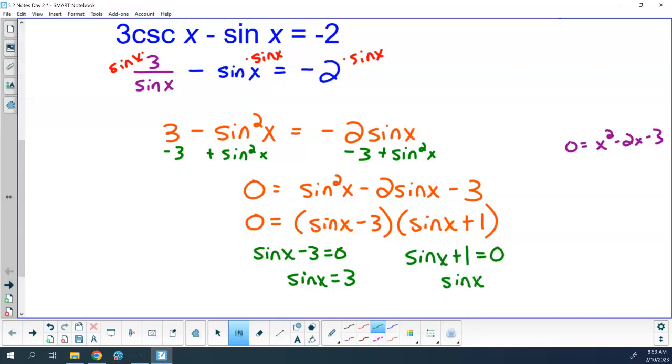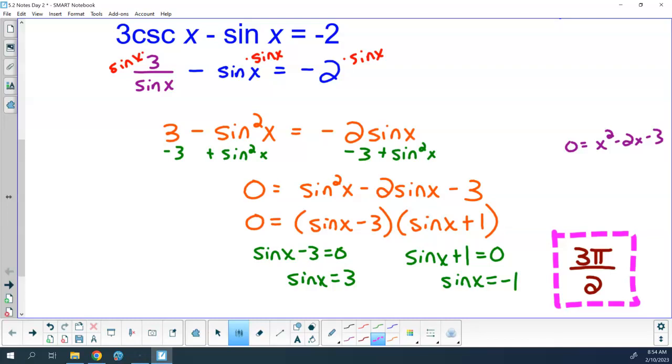So sine of x equals negative 1. First lap unit circle, where is sine equal to negative 1? 3 pi over 2. Okay. Good to go on that one?